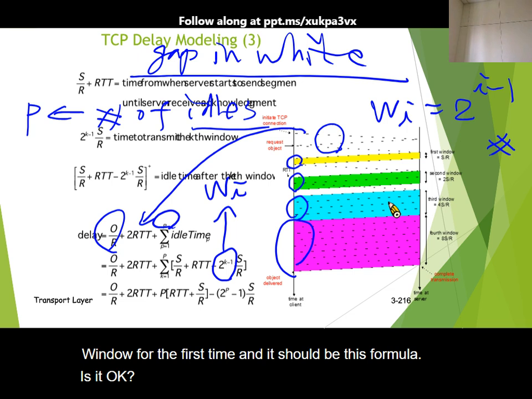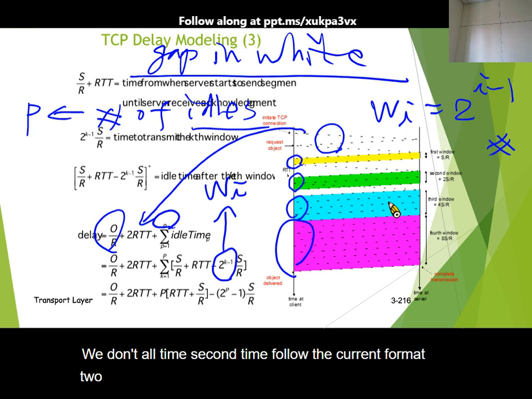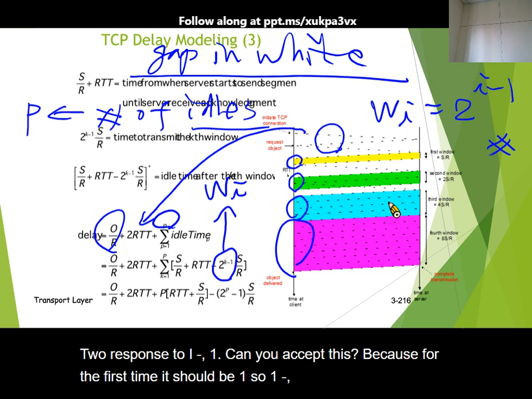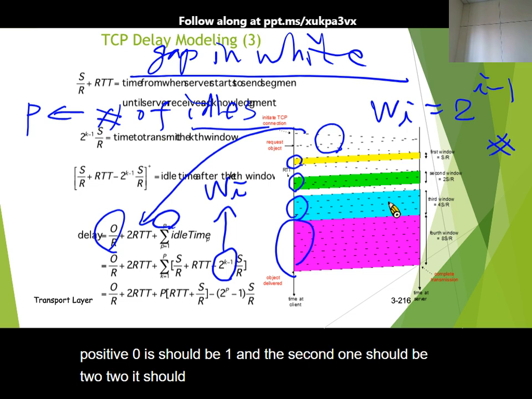Window, first time, second time, follow the current formula: 2 raised to the power I minus 1. Can you accept these? Because for the first time, I is 1, so 1 minus 1 is 0, and 2 raised to the power 0 is 1. And the second one should be 2 raised to the power 2 minus 1, so of course it's 2. So the window size follows this one.